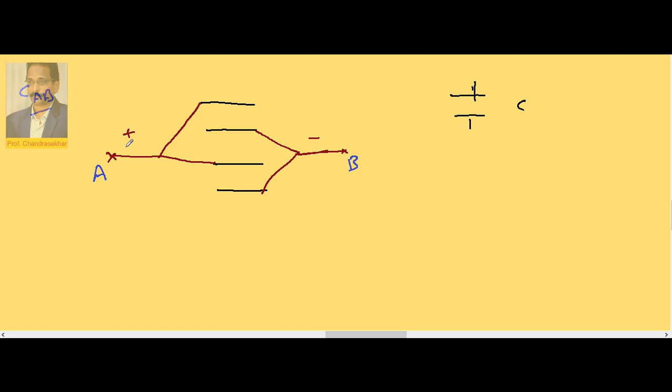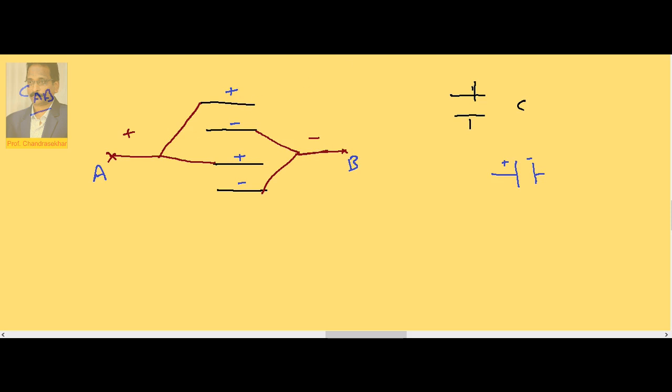So in this arrangement, what is the equivalent capacity? According to this, this plate is connected to positive charge. This is negative. This is positive. This is negative. So normally for a capacitor, this side is positive, this side is negative. So between any two plates, if one side is positive, one side negative, then that behaves like a capacitor.